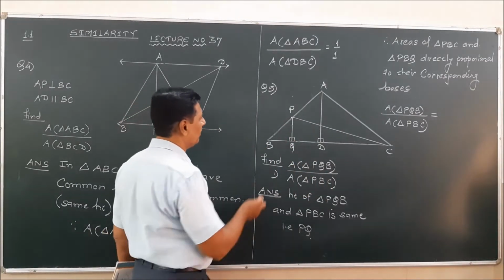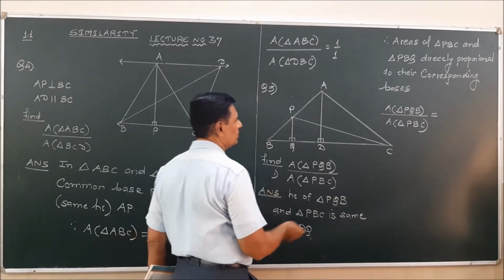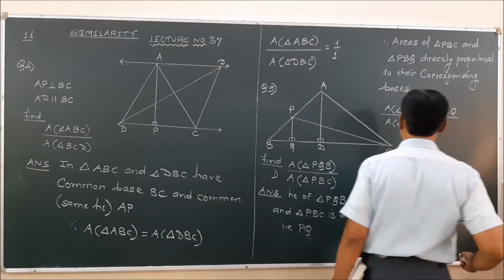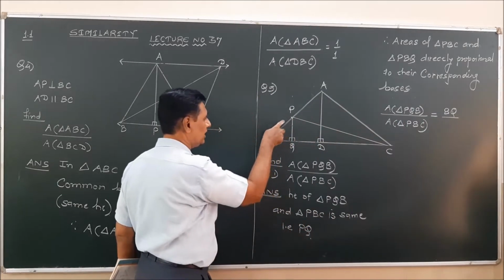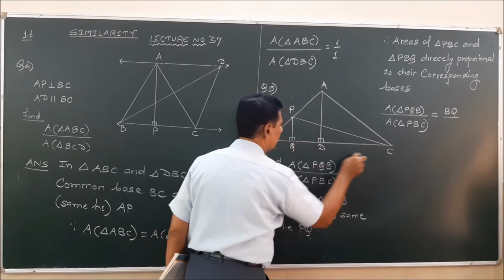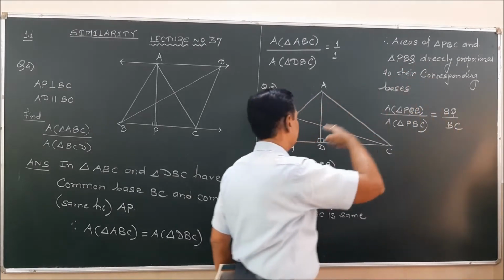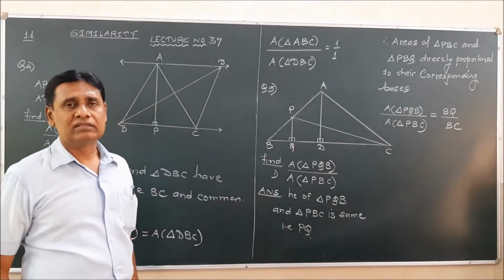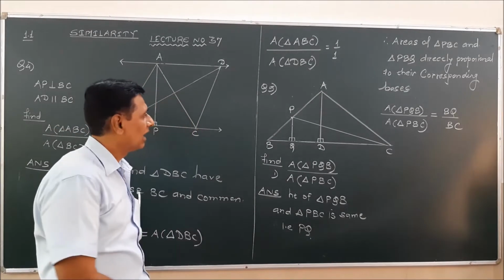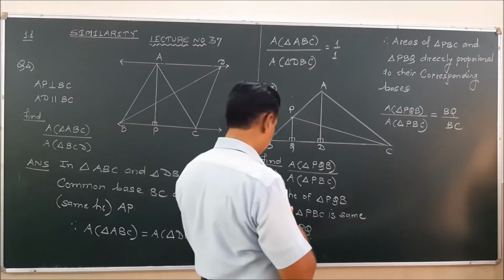The base for PBQ is BQ, as well as for PBC, the base is BC. So BQ upon BC. We have already given the explanation of why their areas are proportional to their corresponding bases, as height is same. Now the second one we have to find out is area of triangle PBC.